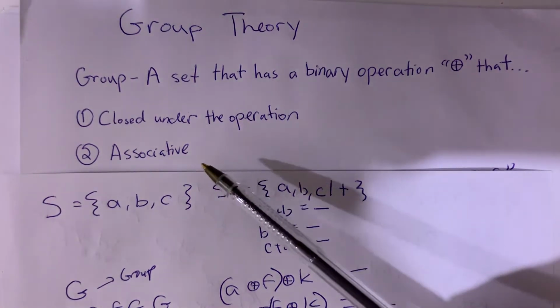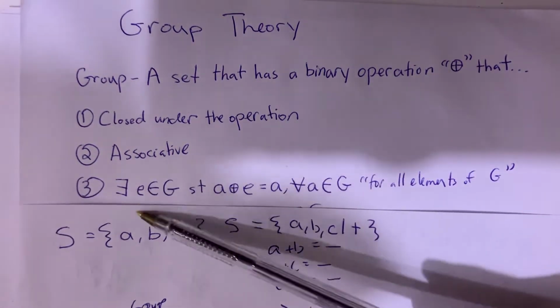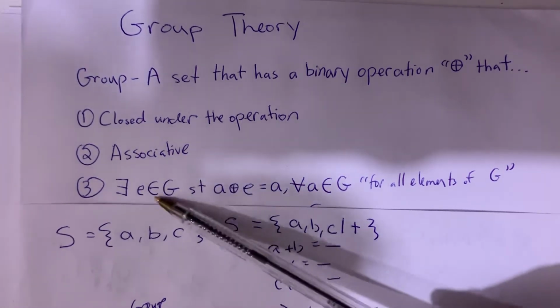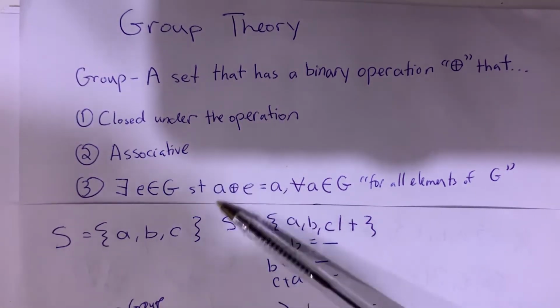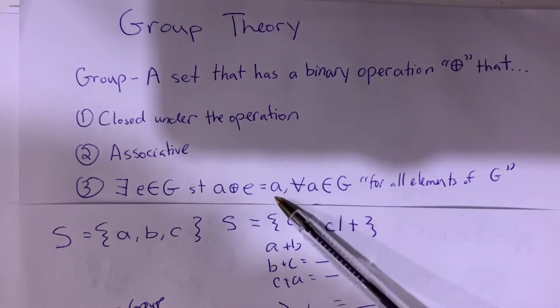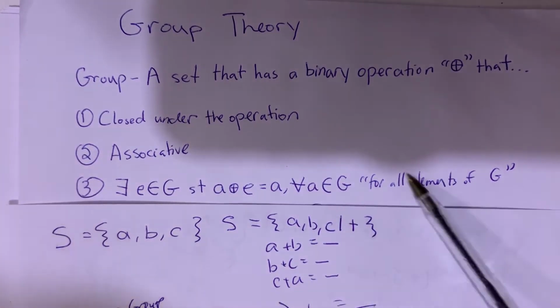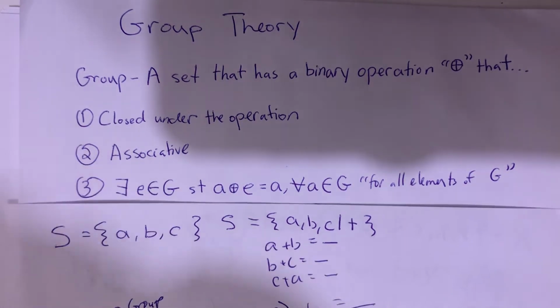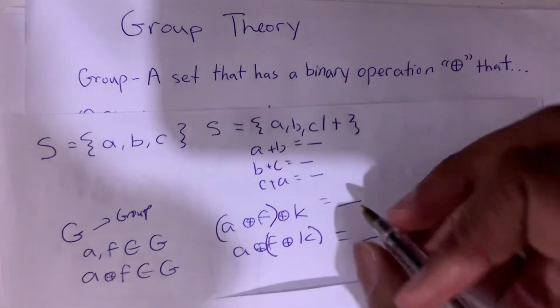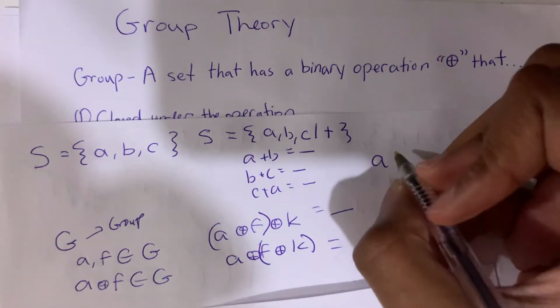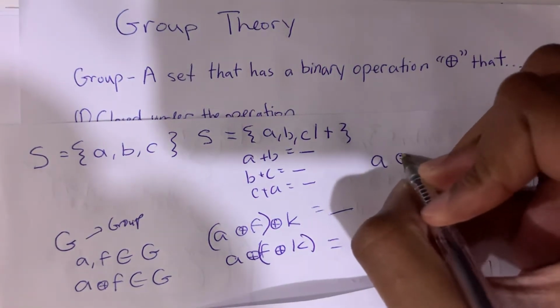Four minutes already, wow. Axiom 3: there exists some identity element E such that A operated with E returns A for all A in G, which means for all elements of G. What does that mean? Say I have A, an element of G, and I operate A with the identity element.